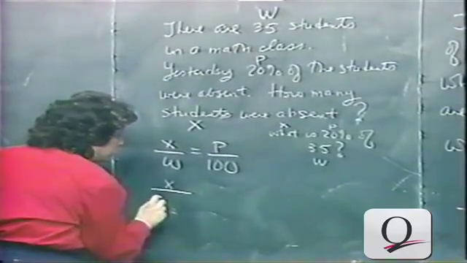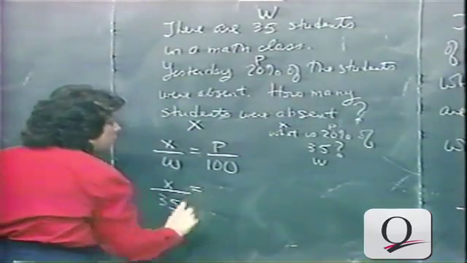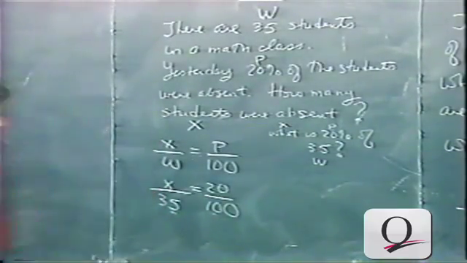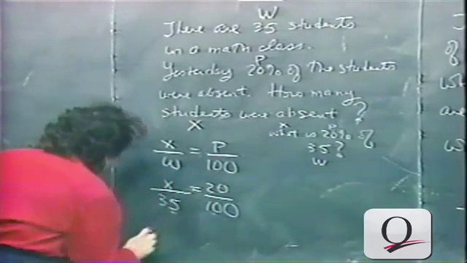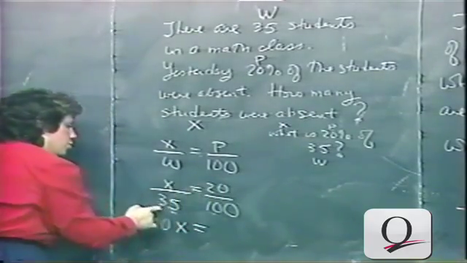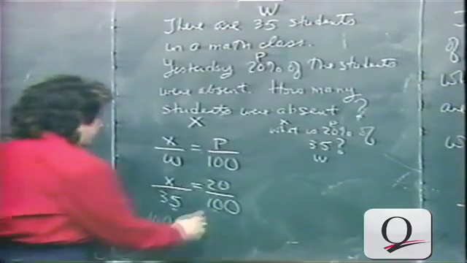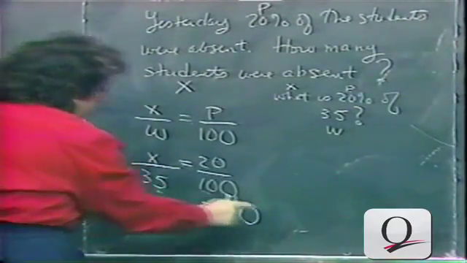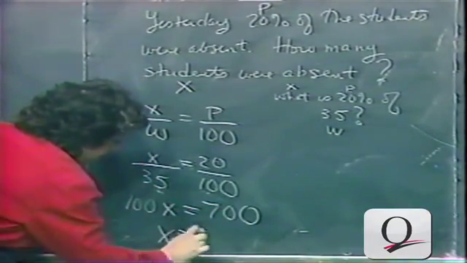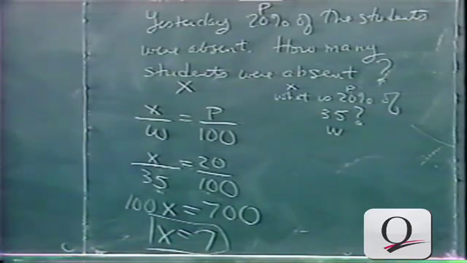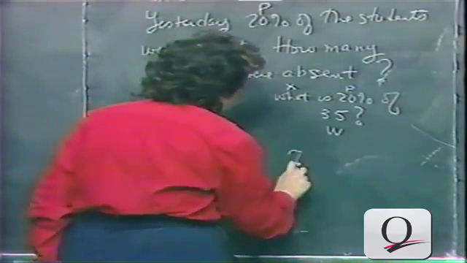The whole class is 35 students. The percent is 20. X is to 35 as 20 is to 100. Cross multiplying, 100x is 35 times 20, but 35 times 20 is 700. If 100 times something is 700, that something must be 7. So 7 students were absent.